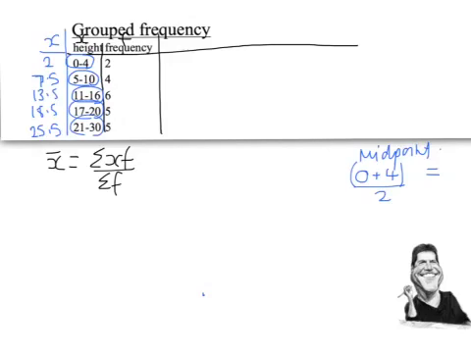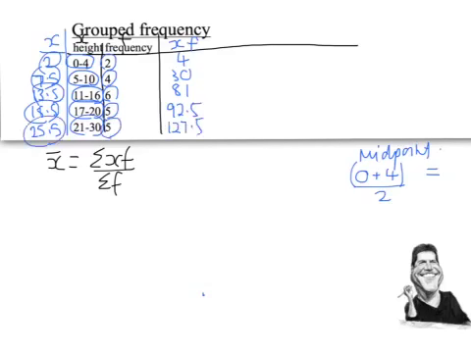Okay, so now I'm going to do my xf column. So 2 times 2 is 4. 4 times 7.5 is 30. 6 times 13.5 is 81. 5 times 18.5 is 92.5. And 5 times 25.5 is 127.5.